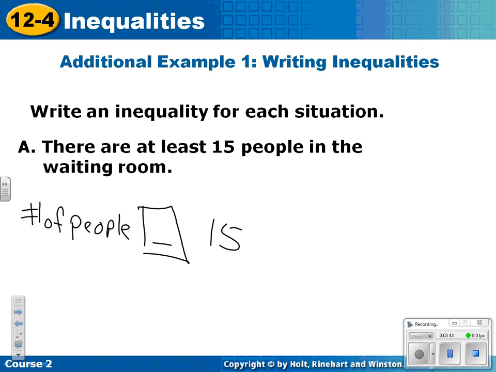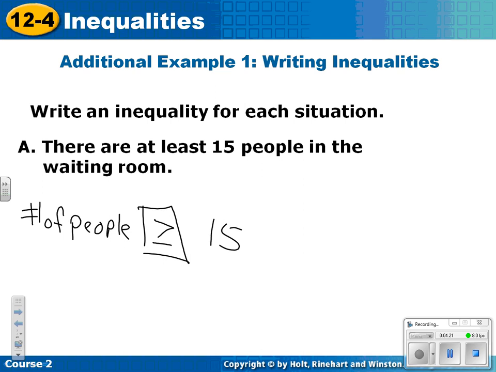So are there going to be more than 15 people in the waiting room or less than 15 people? There's going to be less than 15 people? Because there are at least 15. To me, that says there's going to be more than 15 people in the waiting room, which means it's going to be greater than. The number of people is greater than or equal to 15.